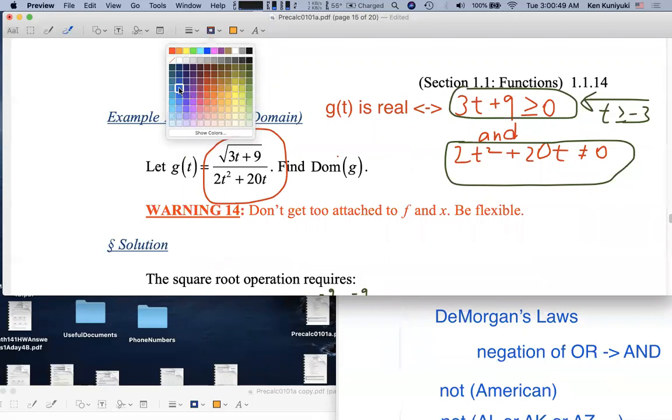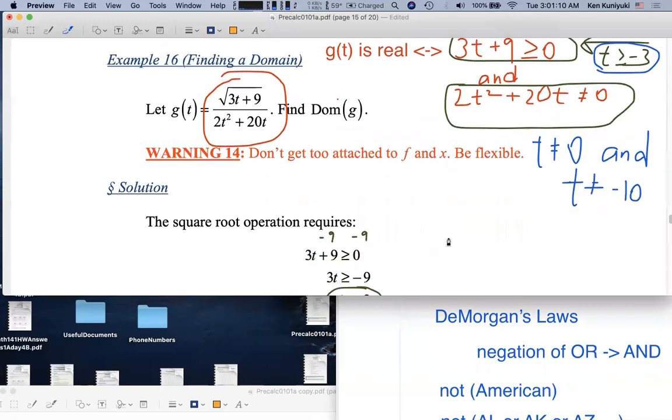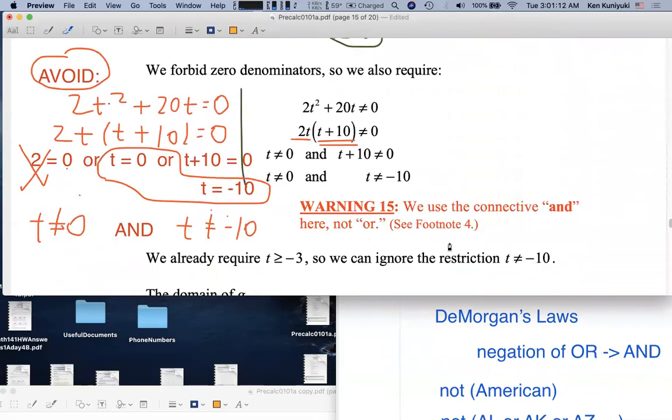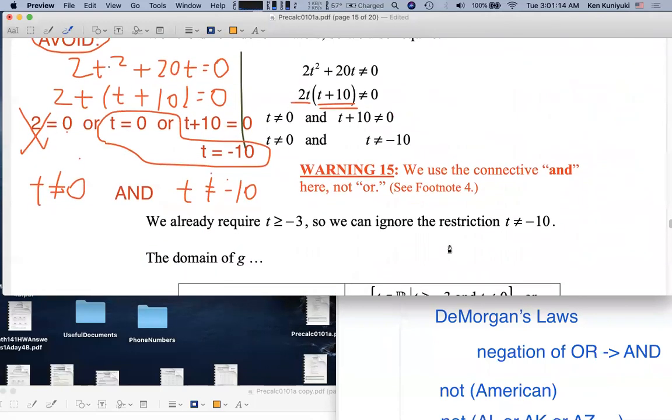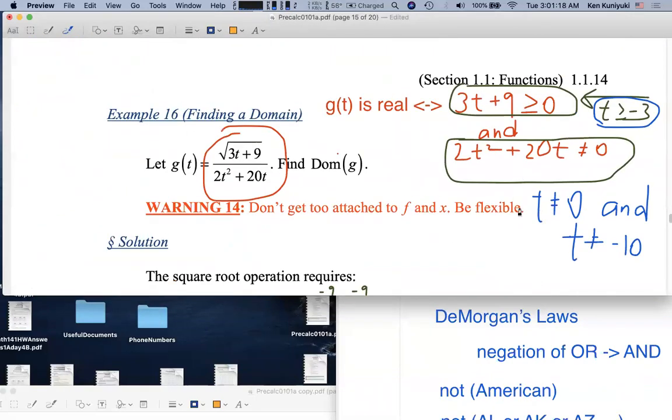So let's collect all of our restrictions. t has to be greater than or equal to -3, and t cannot be 0, and t cannot be -10. But now wait a minute, this might be overkill, because take a look here.